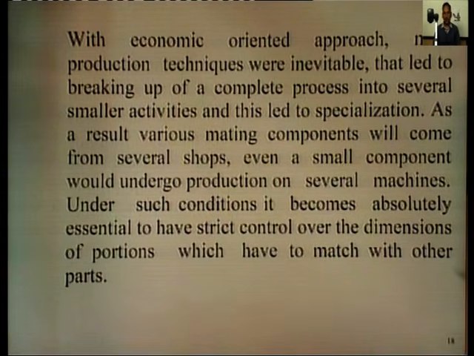So, even a small component would undergo production on several machines. Under such conditions, it becomes absolutely essential to have strict control over the dimensions of portions which have to match with other parts to get the desired production rate.